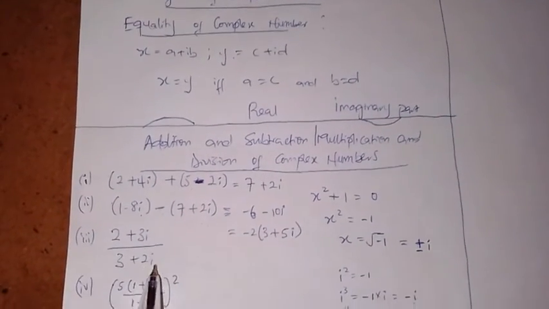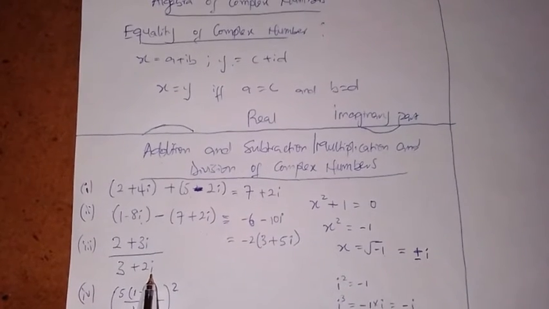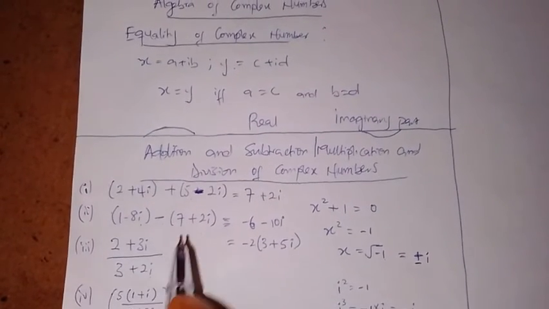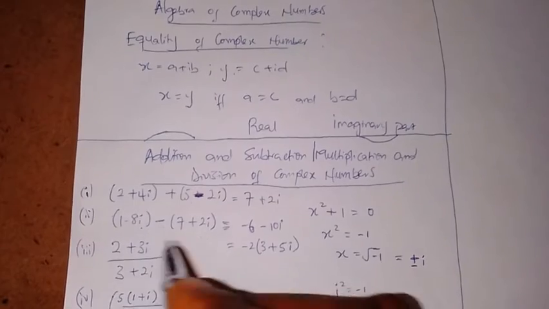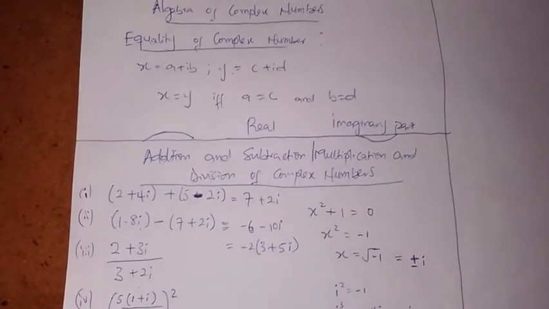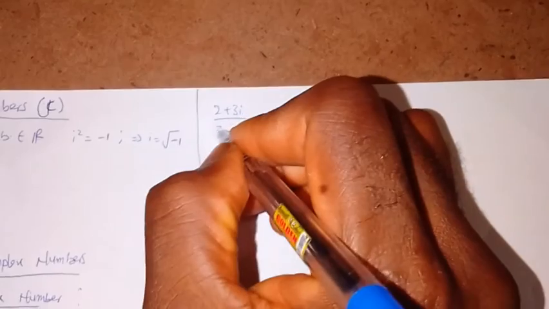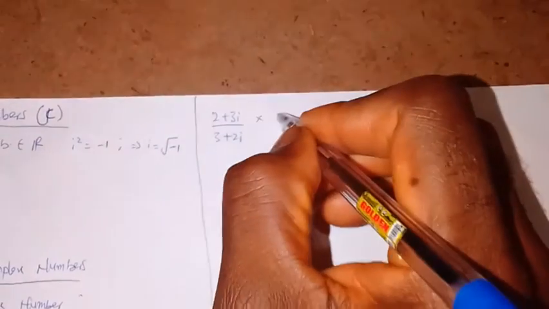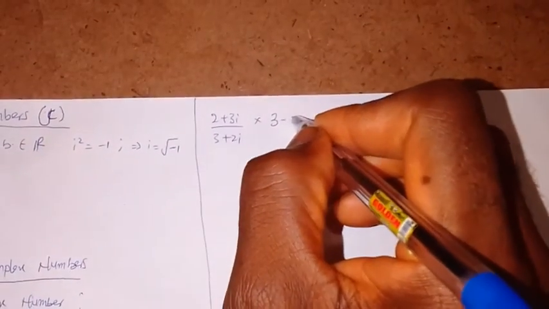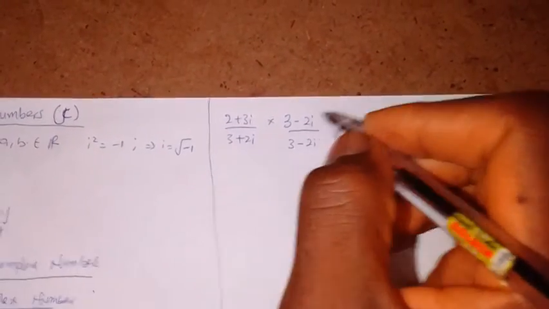Now for this, this is division. Whenever you want to divide in complex numbers, you're going to multiply by the conjugate of the denominator, just like surds when you have square roots. So I'm going to have 2 plus 3i over 3 plus 2i times the conjugate, which means multiply it by the negative sign of the denominator, as I explained in surds.